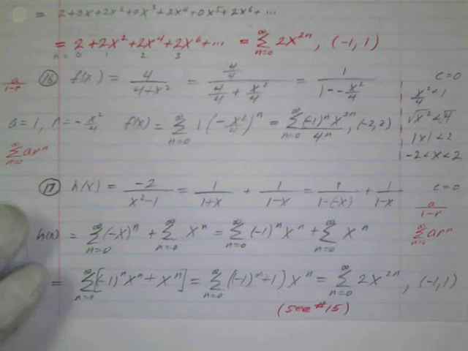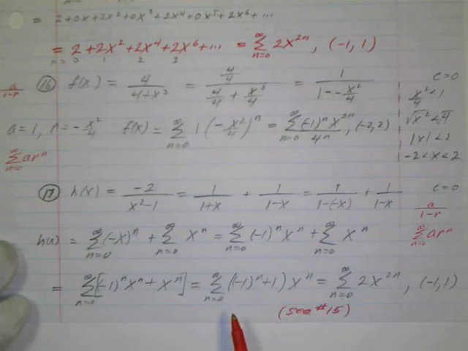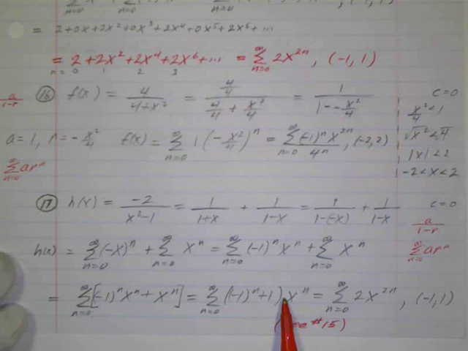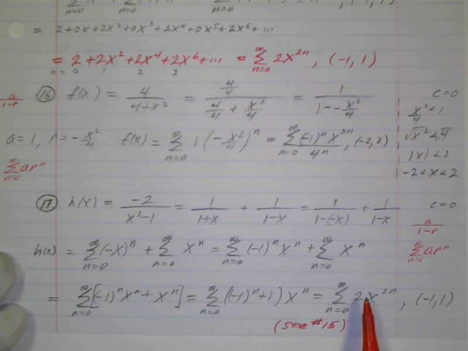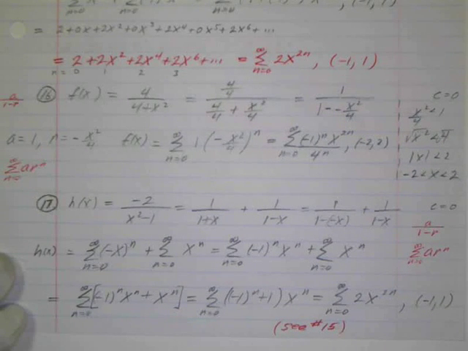As a matter of fact, if we look back at number 15, it was 1 plus negative 1 to the n, and this is just negative 1 to the n plus 1, which is the same thing by the commutative property. So it's the same series I had in number 15, so I can rewrite this as the summation n equals 0 to infinity of 2 times x to the 2n. And again, my interval convergence was negative 1 to 1.